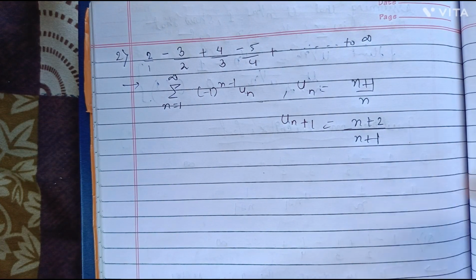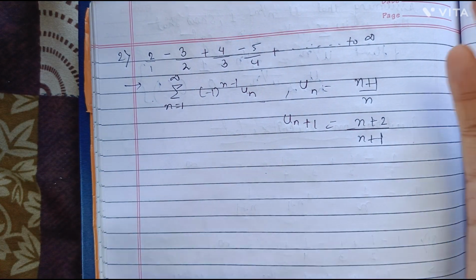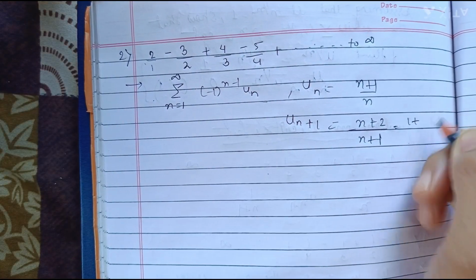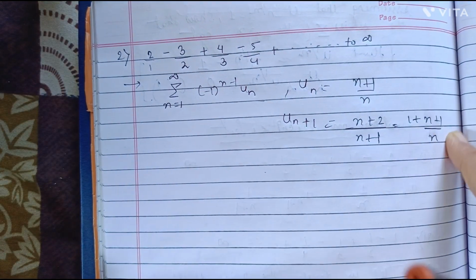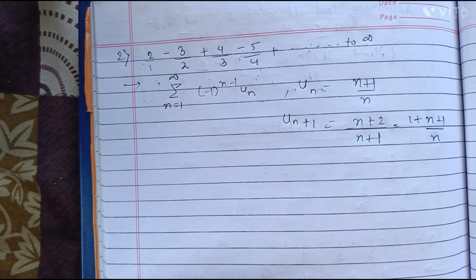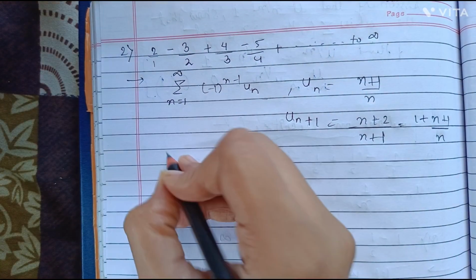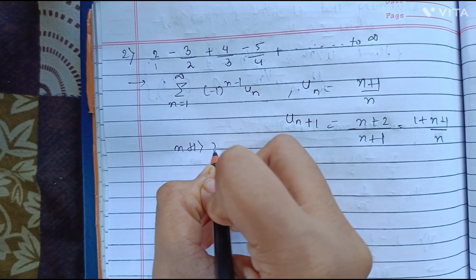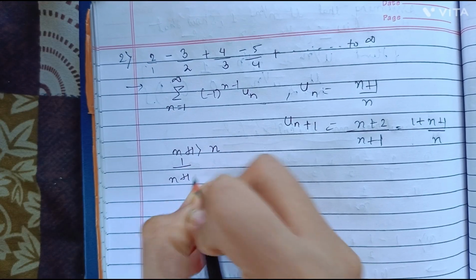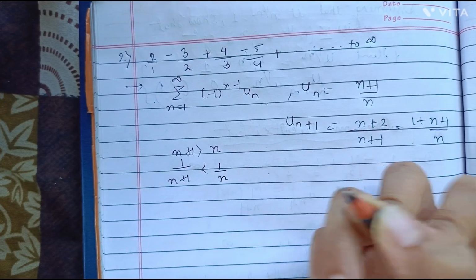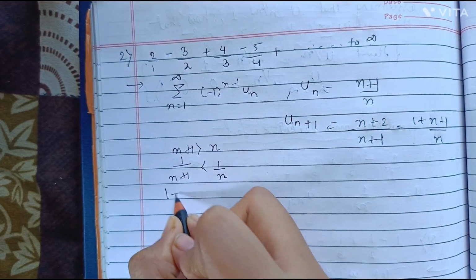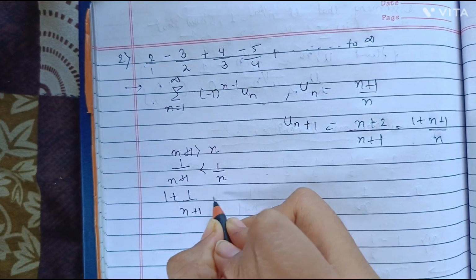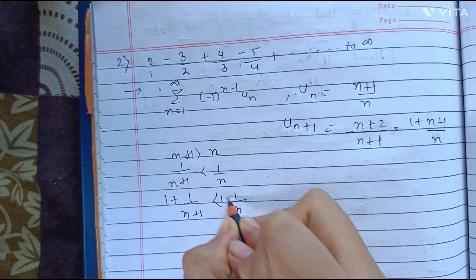Or you can simply write, because it looks quite difficult to solve, you can even write it in the form of this: 1 plus n by n plus 1 by n. Now we know that n plus 1 is greater than n, but the reciprocal of this is not the same. And if we add 1 on both sides, I think it does not affect the result.